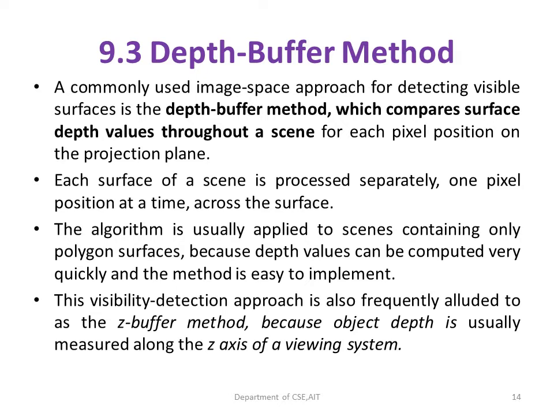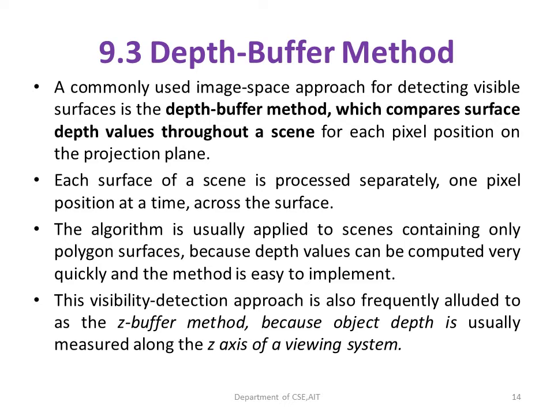in my scene. Here every surface has to be processed separately, and across the surface, one by one, each pixel will be considered for processing. This algorithm is applied to polygon surfaces because the depth values can be computed very quickly and it is also easy to implement.